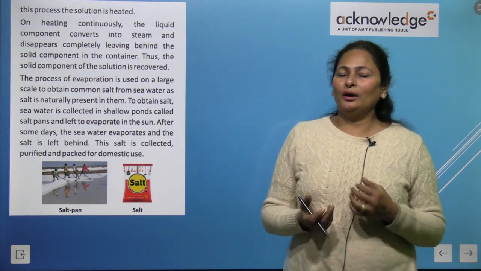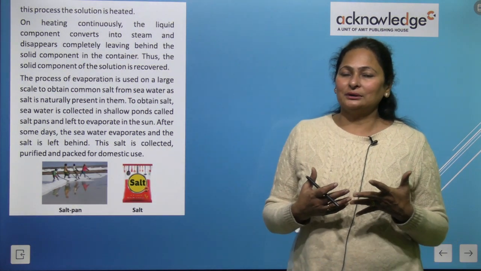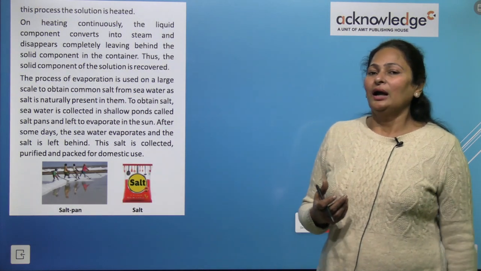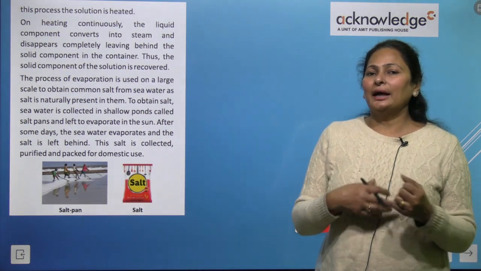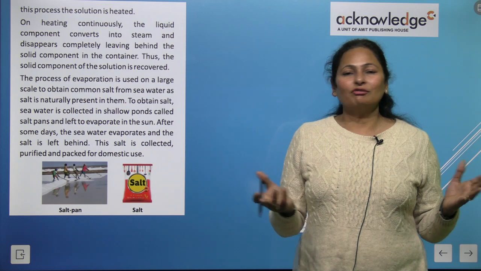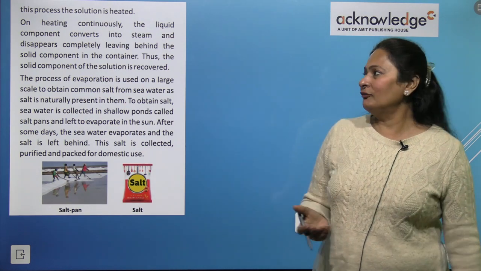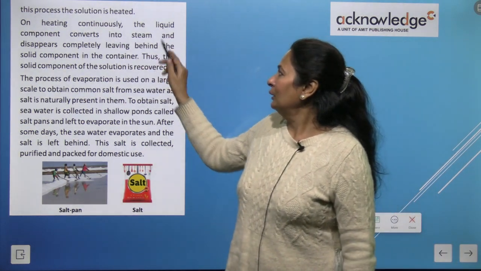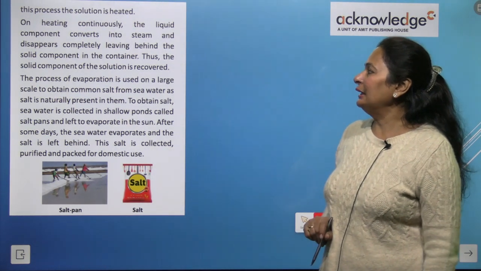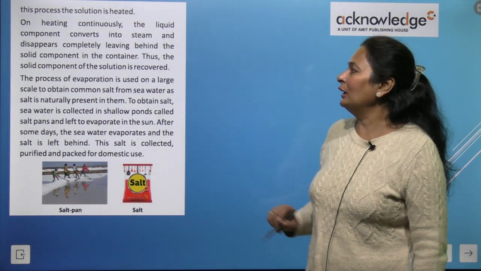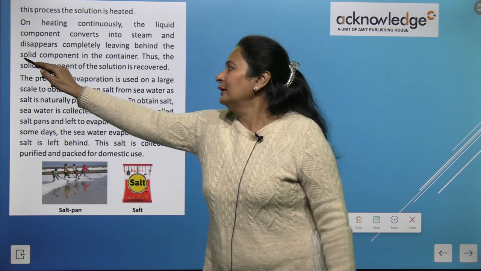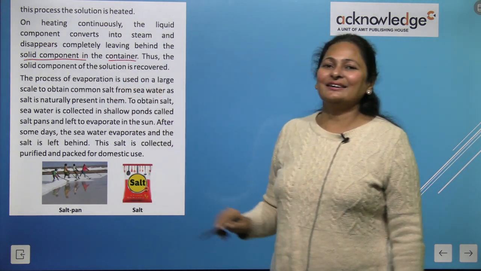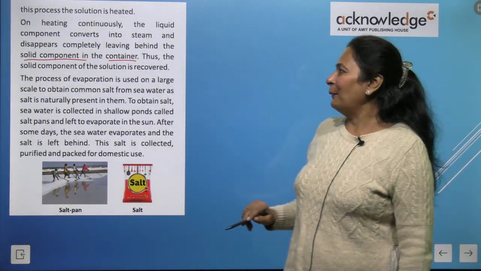First the liquid will boil and it will start evaporating, right? And what will happen? After some time, the water goes off completely, meaning it has evaporated. The steam disappears completely, leaving behind the solid component in the container.